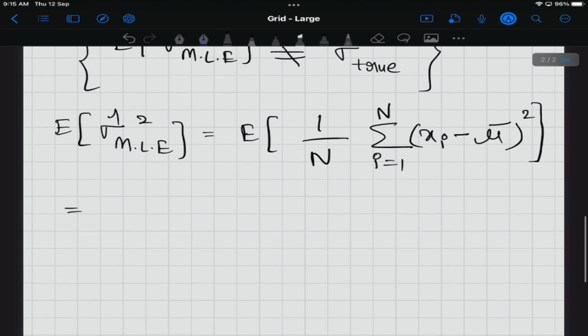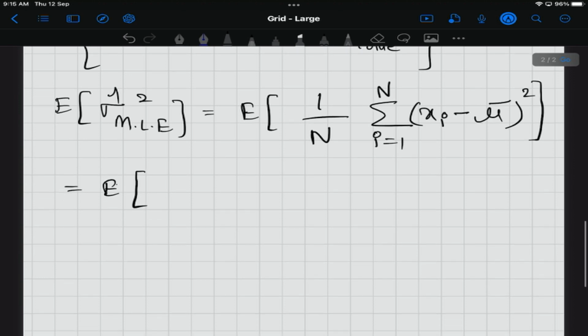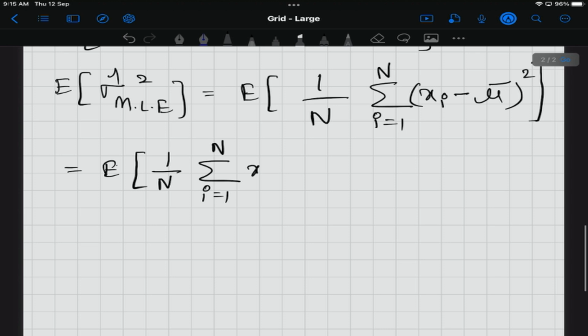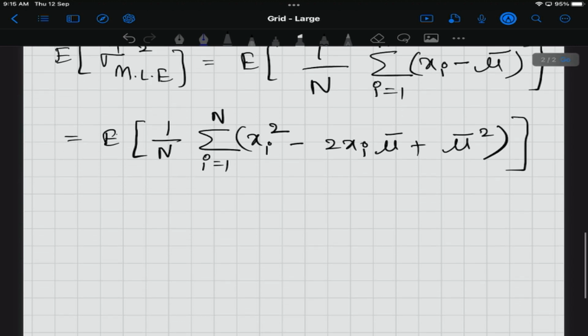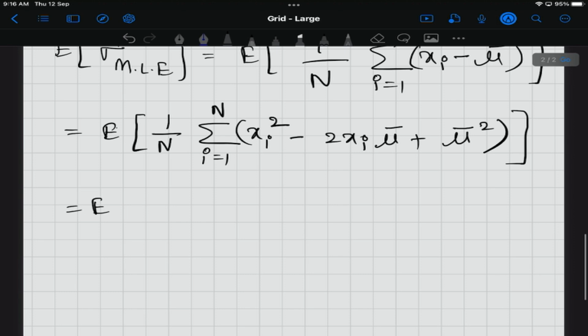So I'll just apply my summation also. I'll just take it inside to each individual term.